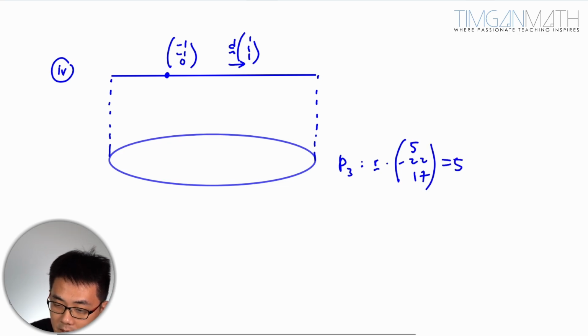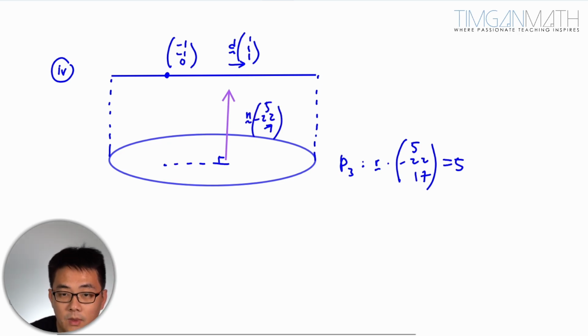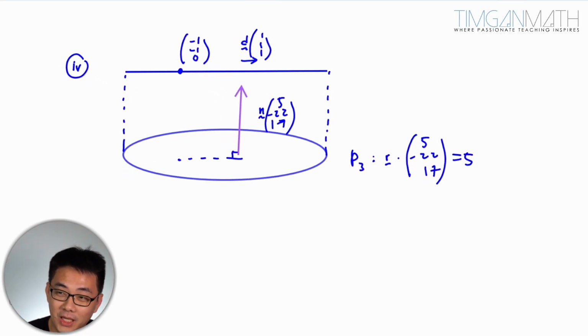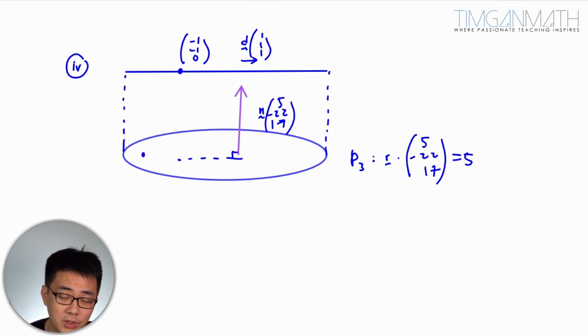This is 5, and what we do is we just put the direction vector up here, and this will be the normal of (5, -22, 17). Nearly got it wrong. So in this case, what we need is just a point on the plane. Because for any kind of distance question, we can use this magic triangle.